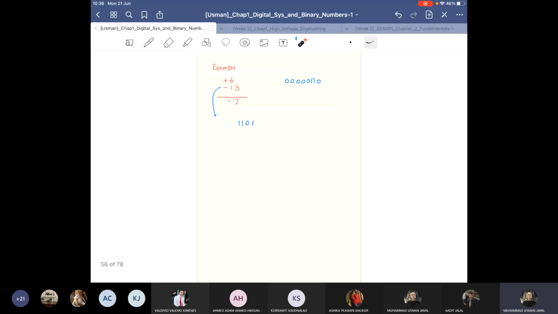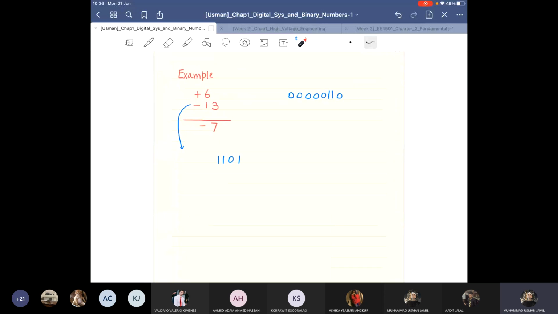So now we will take the two's complement. The number 13 is equivalent to 1101, and then we add four zeros, 1 2 3 4, because your book says we want to do an 8-bit number. So this is the number equivalent to 13.